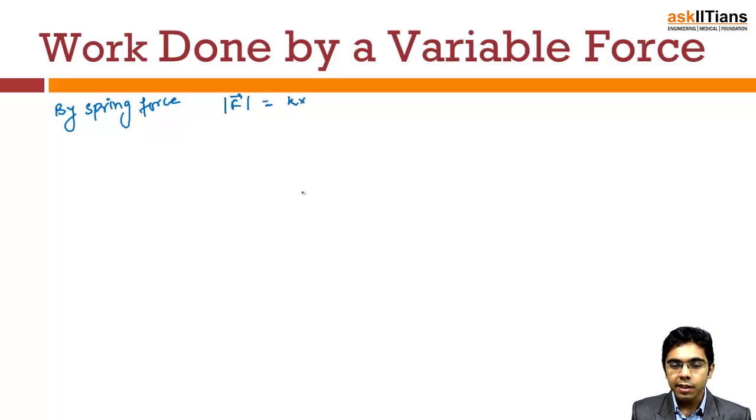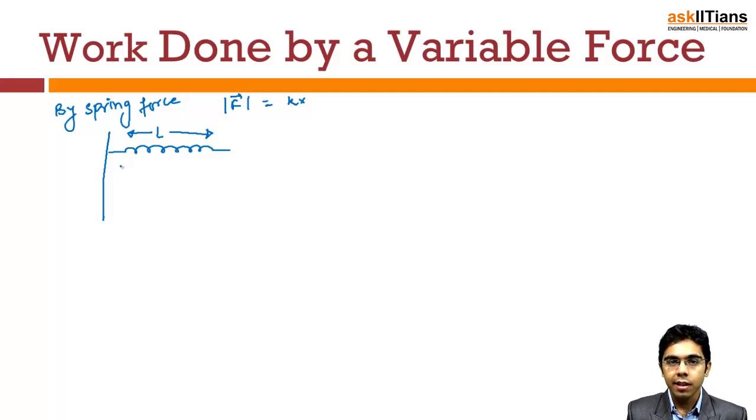Now let's consider the situation that this is the spring with us, and this is the natural length of the spring, let's say the natural length is L. Natural length means that at this position the spring is at equilibrium, that means the spring does not apply any force, it is in the relaxed position.